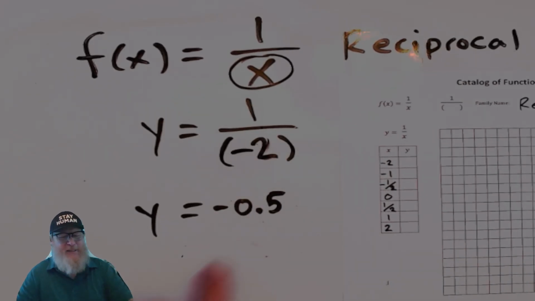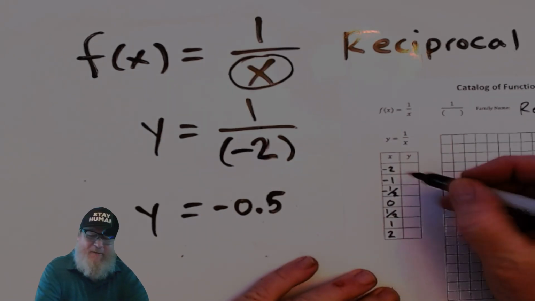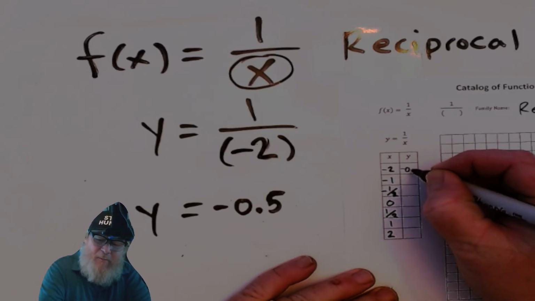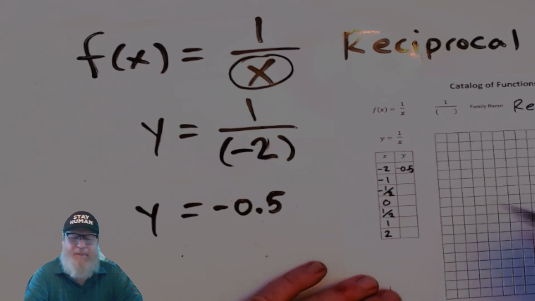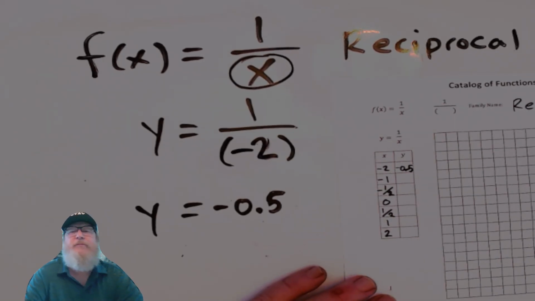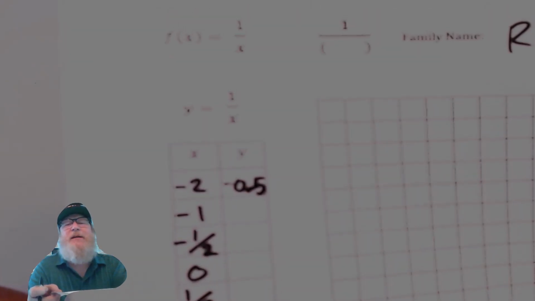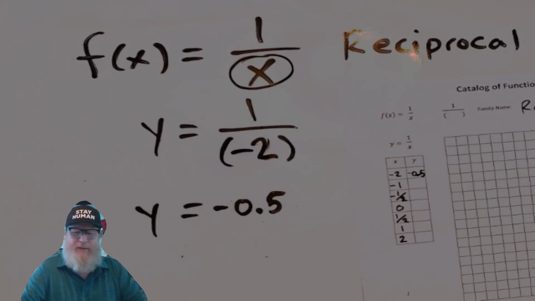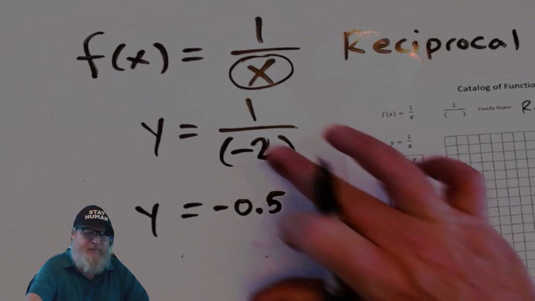I'm switching to decimal notation because I find that it's a little easier to write. If you plug in -2, your output will be -0.5. And again, it's kind of messy because I'm doing it with a pen, but I think you can bear with me, tolerate me for another minute or two.